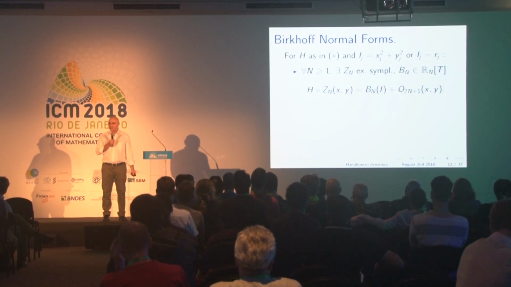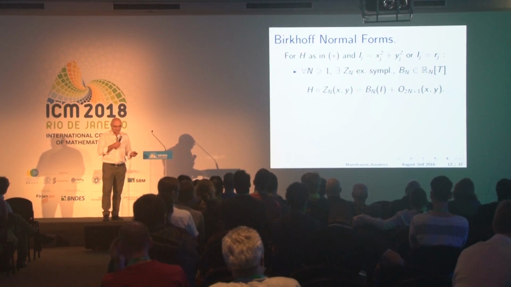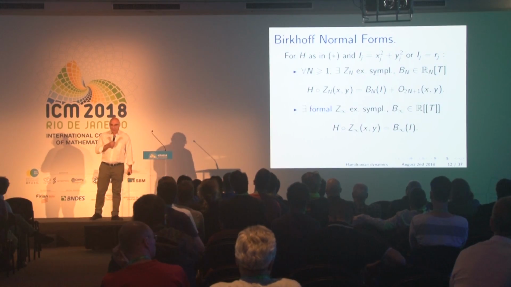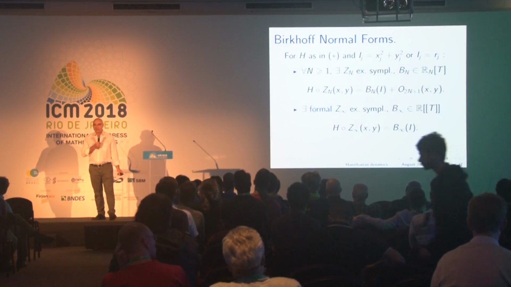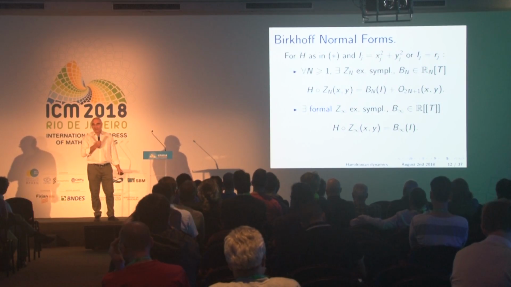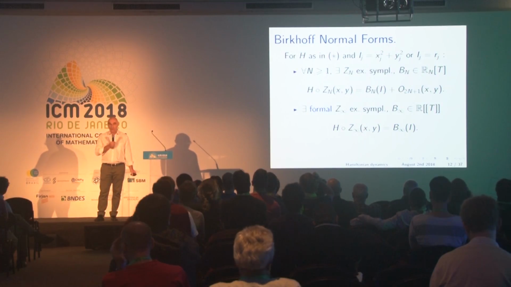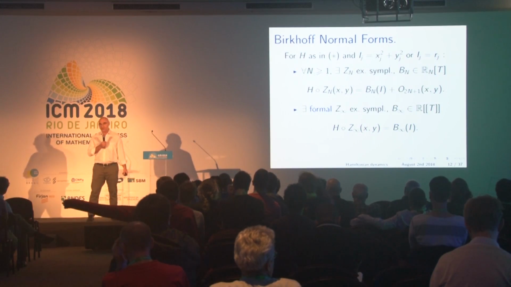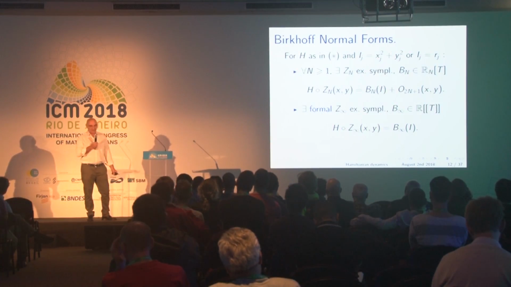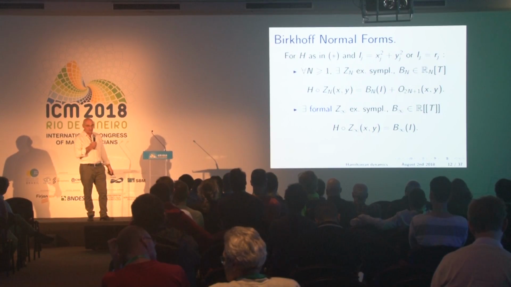I assume that the coordinates of omega are rationally independent in that case. I will say a little bit more. In fact, if H is C infinity, then you can take n equal to infinity, and then you find a formal Z, which will be exact symplectic in the formal sense, and a formal B infinity, such that H is conjugated to an integrable form.